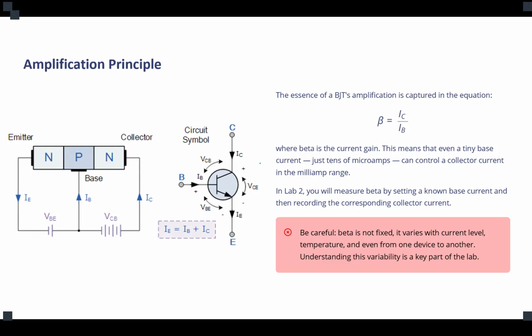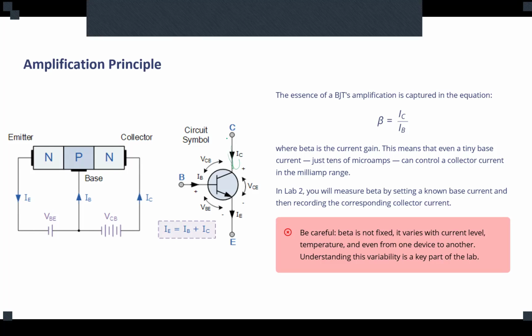Correct? So if you have a current injected from the collector into that device, and you also have a current injected from the base, that means the current in the emitter should be the summation of the two. It's a very simple conservation of energy and conservation of charge.